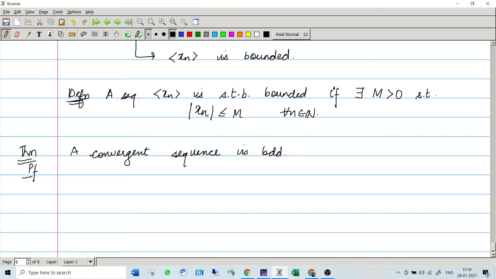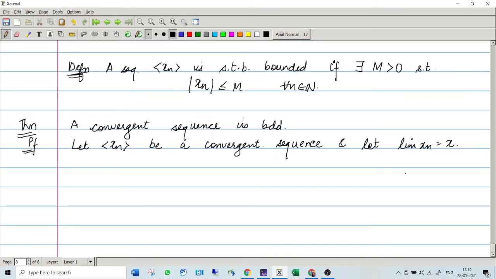So let us start. Let xn be a convergent sequence. If xn is a convergent sequence, of course, we have its limit. Let the limit of xn be equal to, let's say, x.